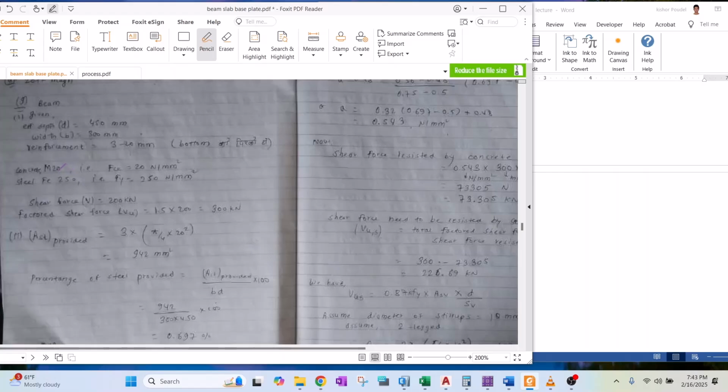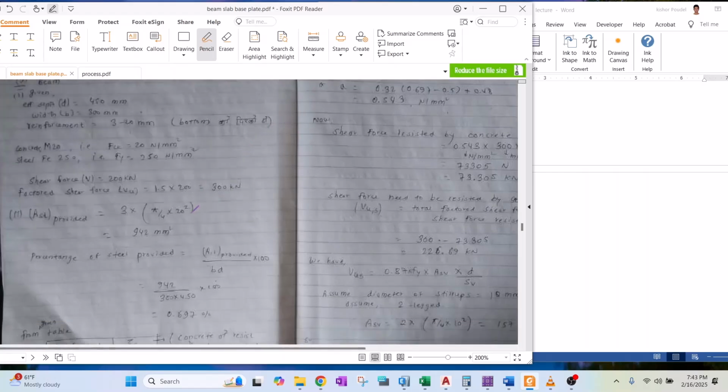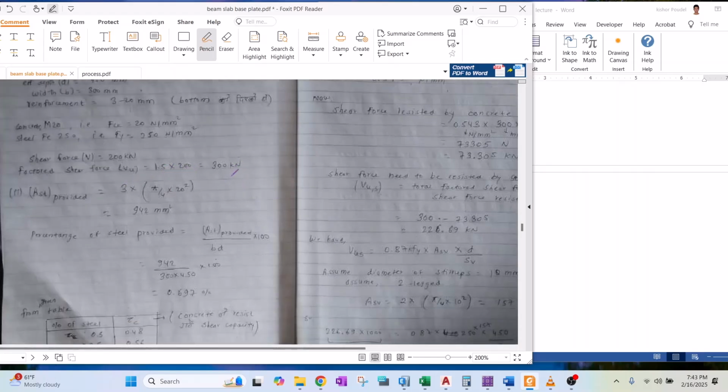Likewise, the concrete grade is M20 and the steel grade is Fe250, that means fck is 20 Newton per mm square, and the characteristic strength of steel fy is 250 Newton per mm square. Also, we have the shear force, that is 200 kilonewton. As this is the service shear force, we have to convert it into factored shear force by multiplying by 1.5, so that will result in 300 kilonewton.